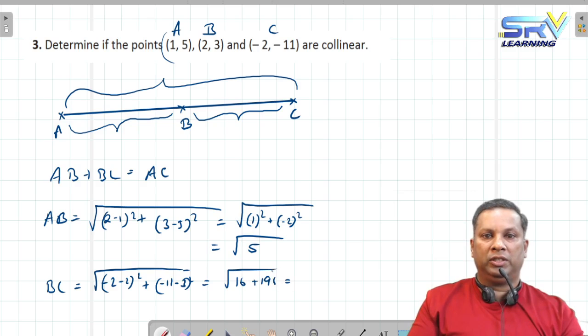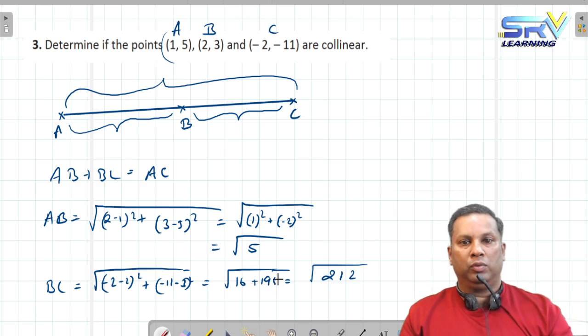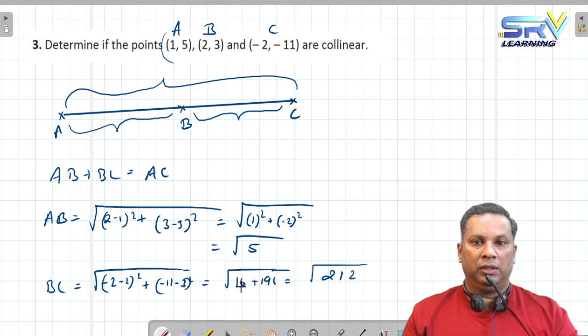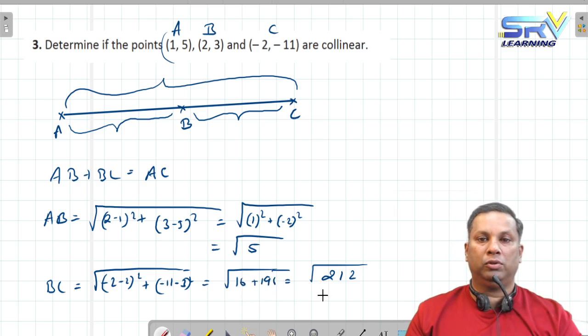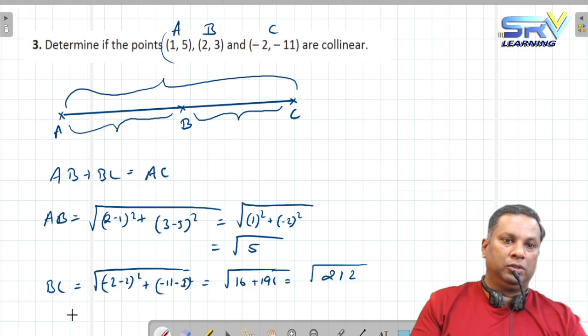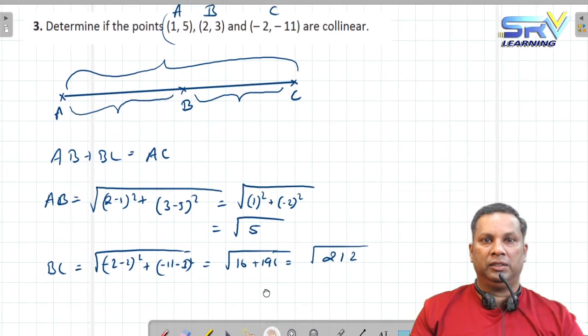So 196 plus 16 is root of 212. Do you have something of root 212? No. So let us also find the distance AC.